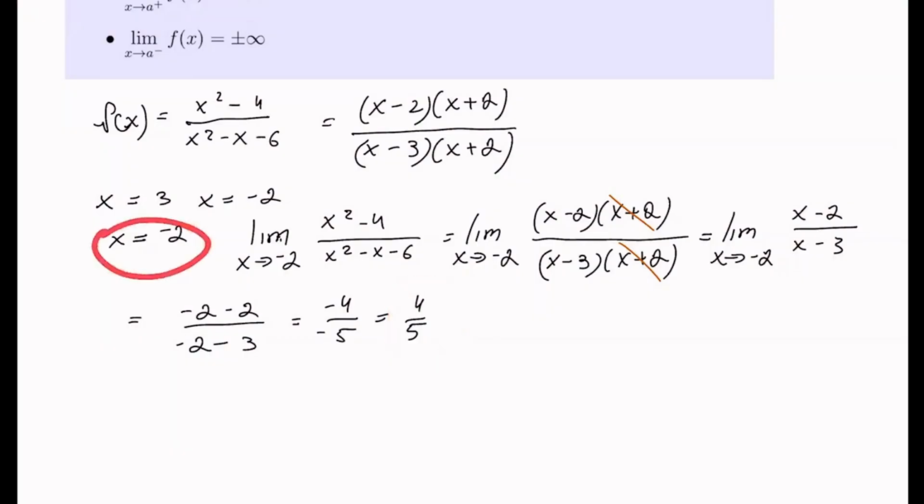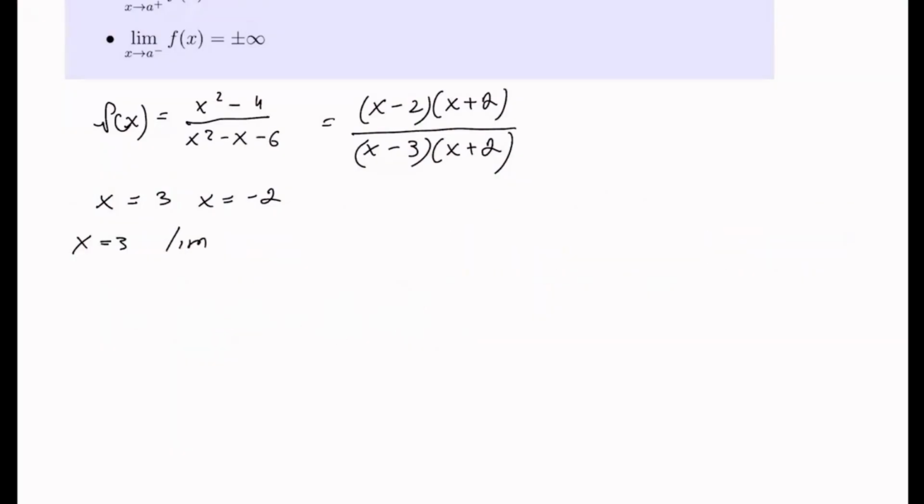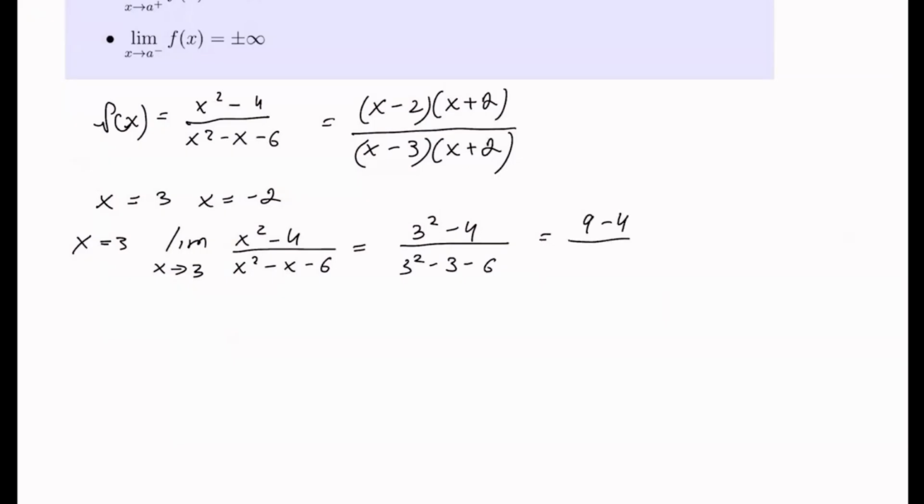Now let's check another point, x equals 3. Limit as x approaches 3 of (x squared - 4) over (x squared - x - 6). When we try to directly substitute 3 into the expression, we have (3 squared - 4) over (3 squared - 3 - 6). We have 9 - 4 over 9 - 3 - 6.